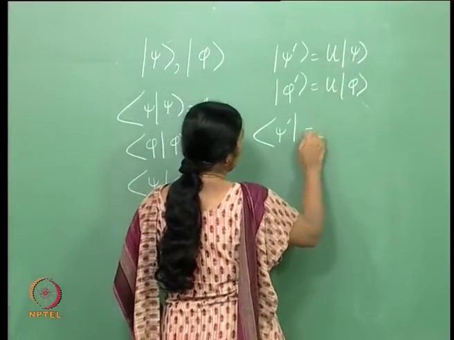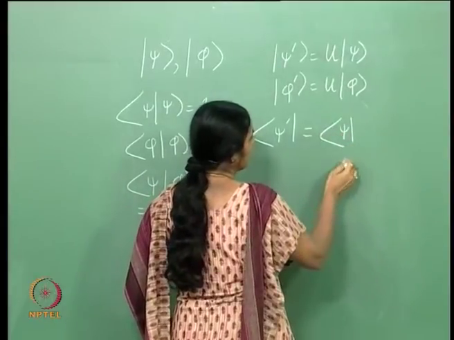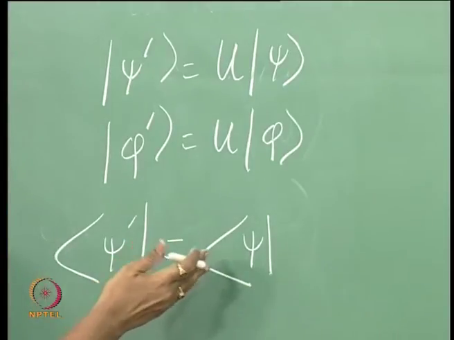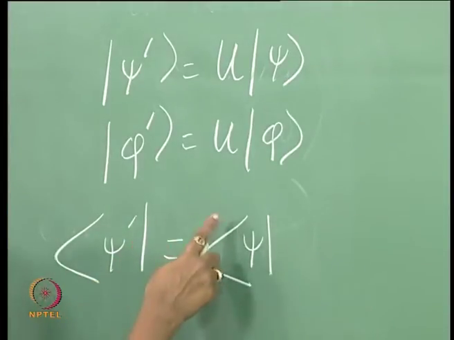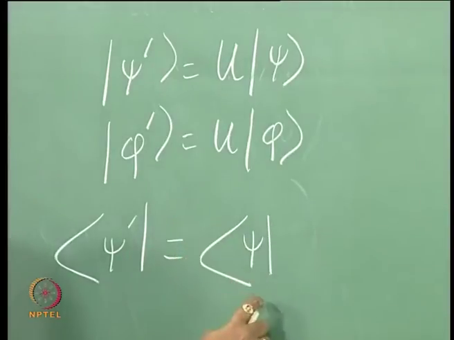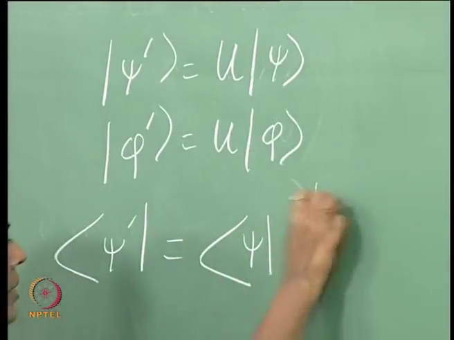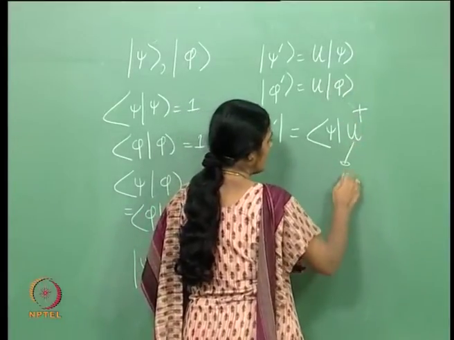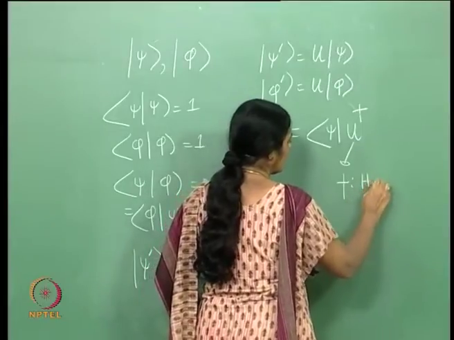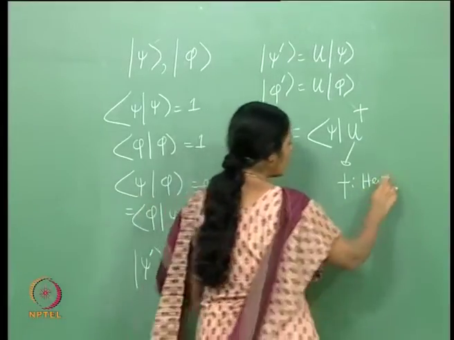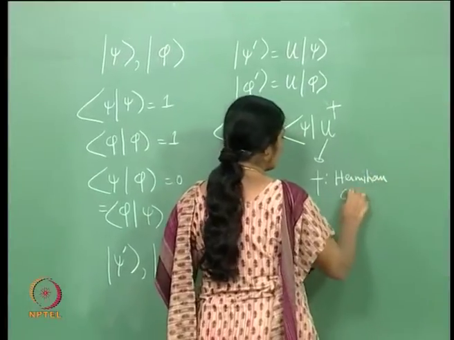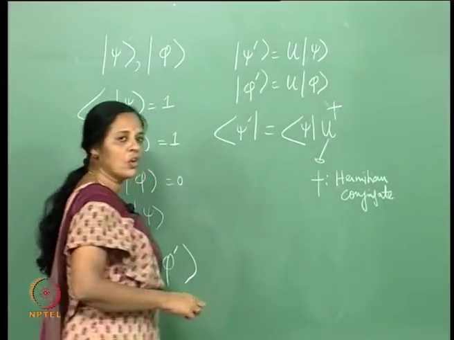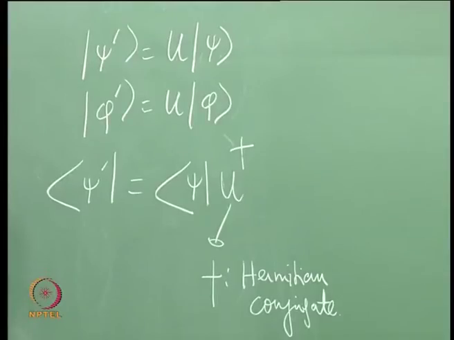So, psi prime bra is this. It automatically assumes that the column has become a row in the example that we considered, and every entry its complex conjugate is put in, and the Hermitian conjugate of U is taken. This Hermitian conjugate means take the transpose, interchange the rows and the columns, and take the complex conjugate of every entry.